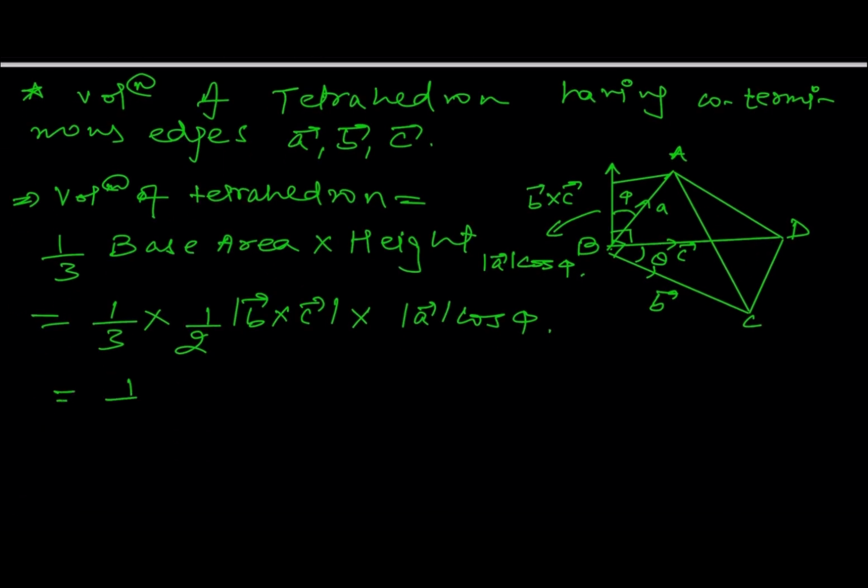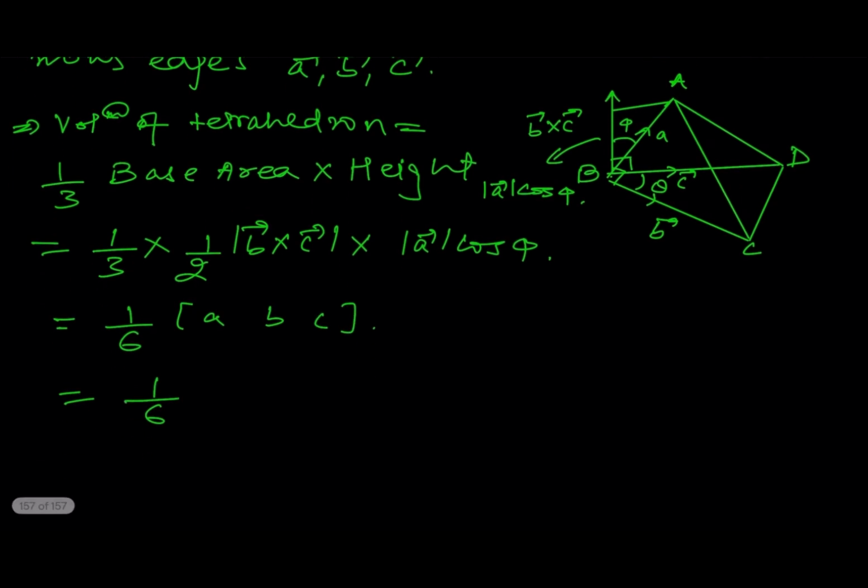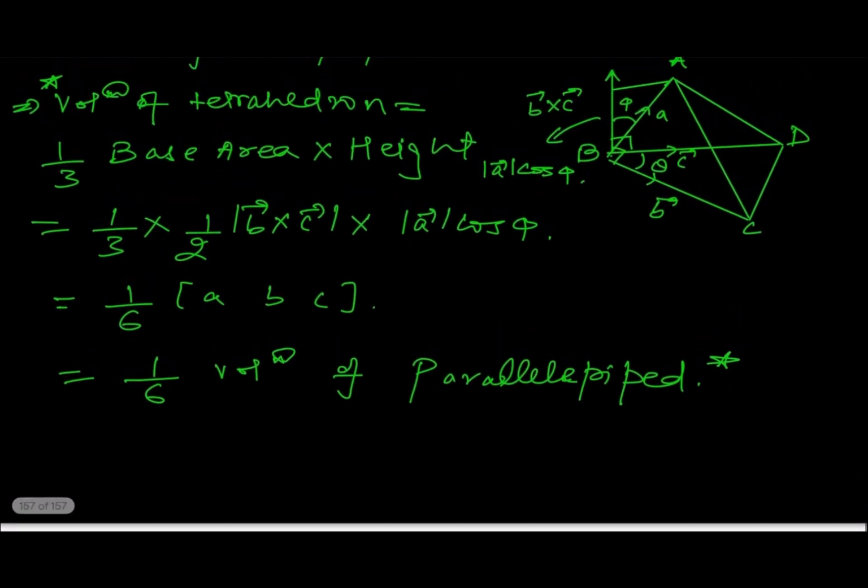So this will become 1 by 6 mod of B cross C mod A cos phi, which is box ABC, or 1 by 6 volume of parallelepiped. Okay, so volume of tetrahedron is 1 by 6 volume of parallelepiped. It is very important, right?